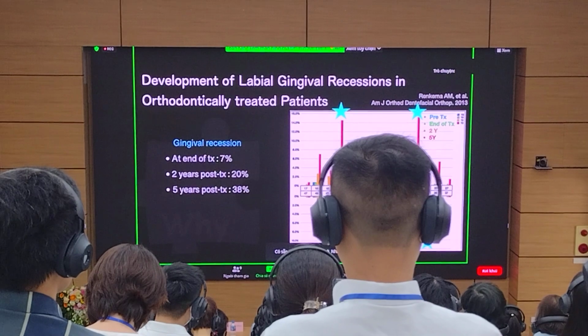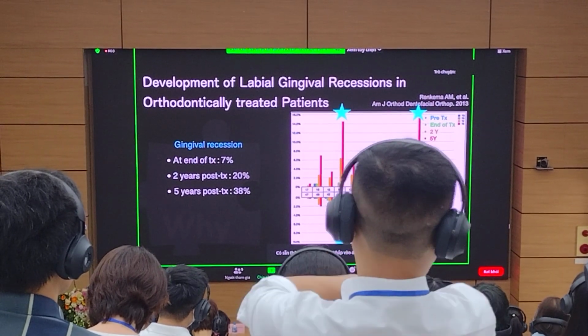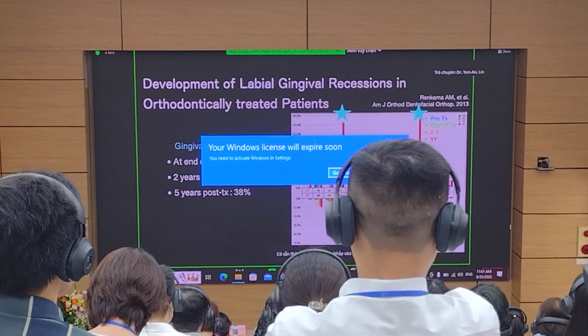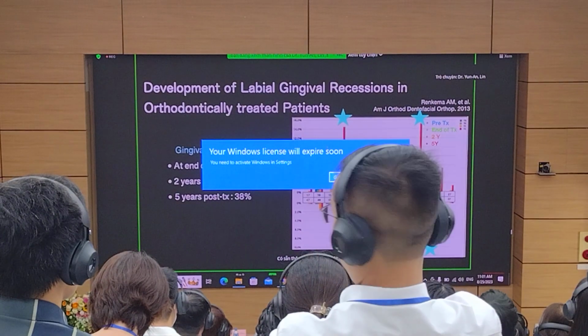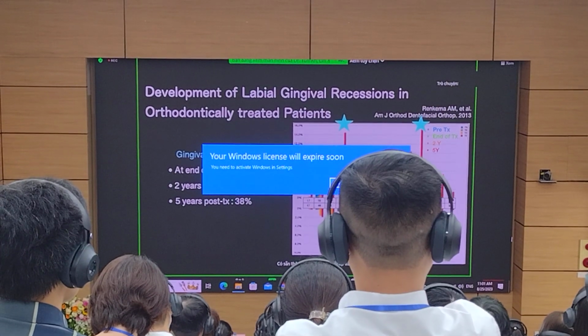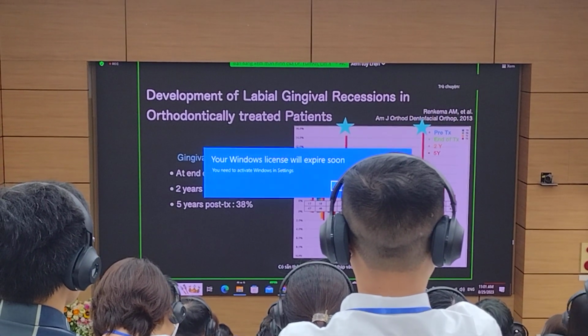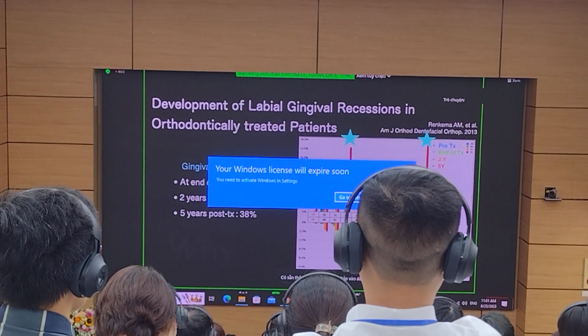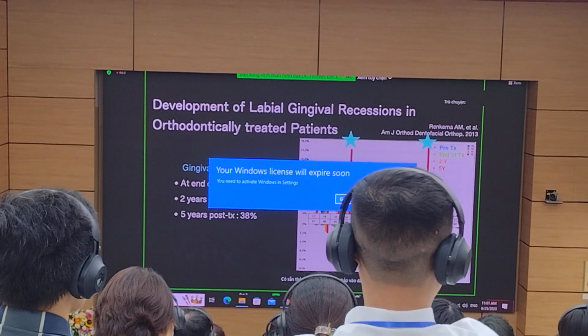According to the American Association of Orthodontists, it has been documented that about 20% to 38% of the patients may develop gingival recession 2 to 5 years after the orthodontic treatment, especially over premolars and lower anterior teeth.